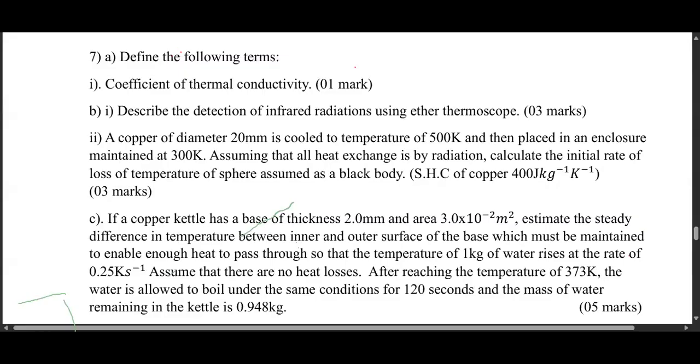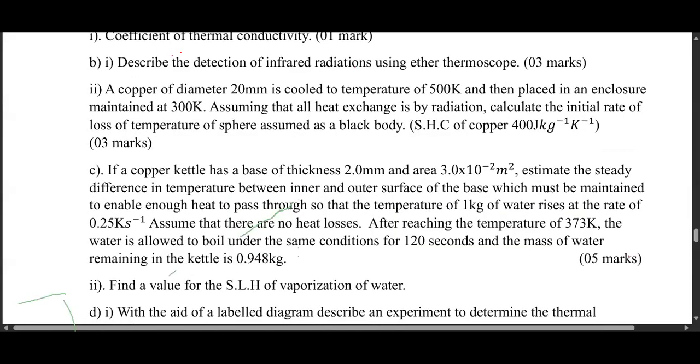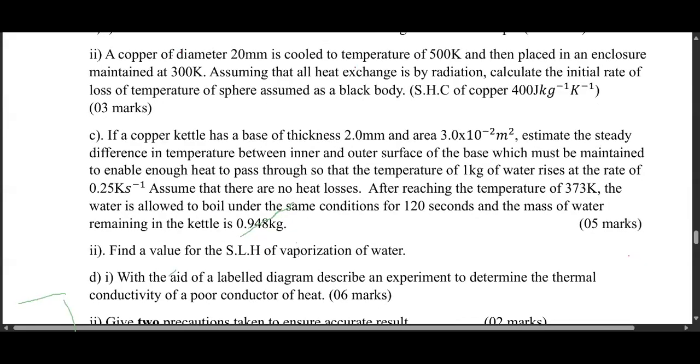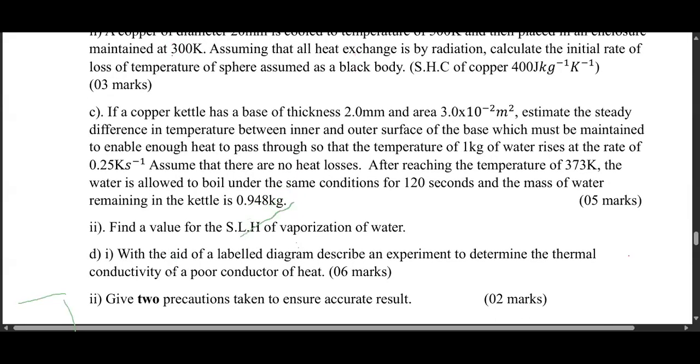Assume that there are no heat losses. After reaching the temperature of 373 kelvins, the water is allowed to boil under the same conditions for 120 seconds. And the mass of water remaining in the kettle is 0.948. That is part C.